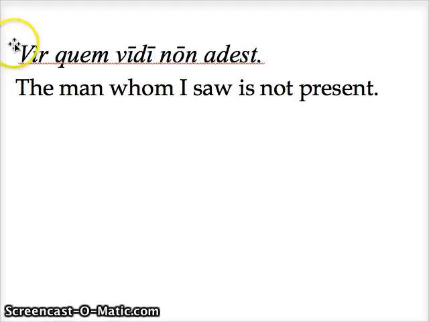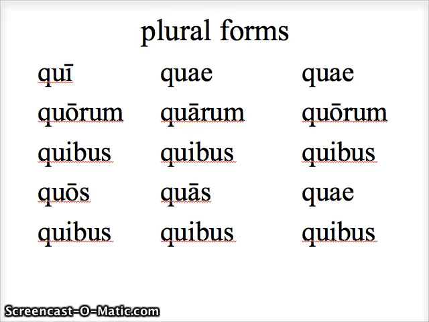The man whom I saw is not present. Vir is the subject of adest, nominative. Quem is the direct object of vidi. Quem is accusative. Here are the plural forms of the relative pronoun: qui, quae, quae, quorum, quarum, quorum, quibus, quibus, quibus, etc. You are now ready to tackle some exercises in the book.